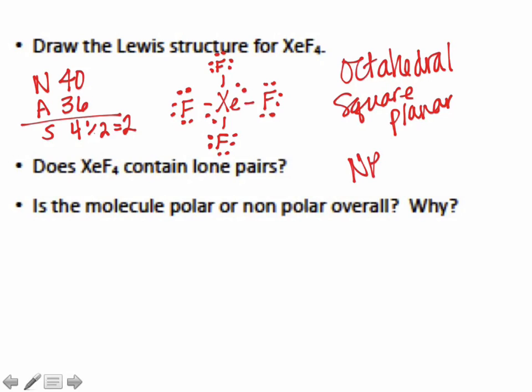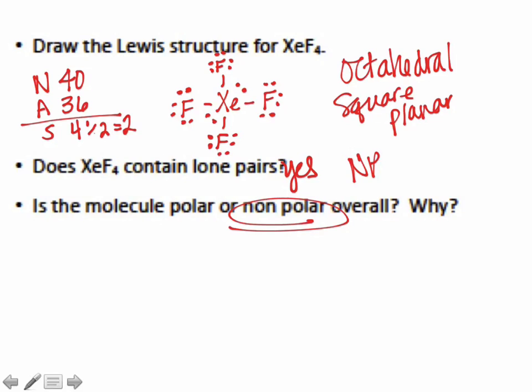Nonpolar. So this is one of the ones where we have lone pairs, but it is nonpolar. Very good.